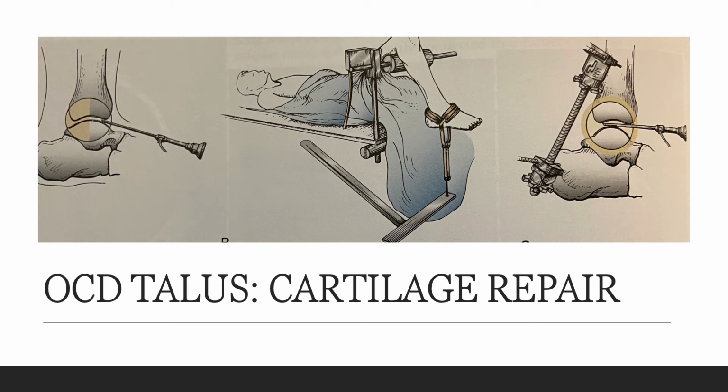Just a quick note about distraction. Of course, working on these lesions requires that you be under the tibia, and so you want true axial distraction in these cases with the use of usually a non-invasive ankle distractor, but as you can see here on the far right, there's a picture of an invasive distractor.